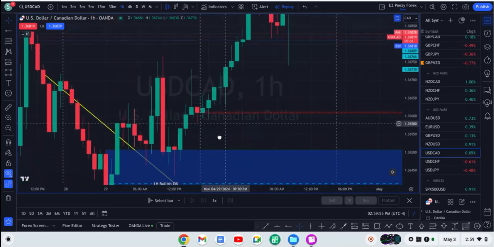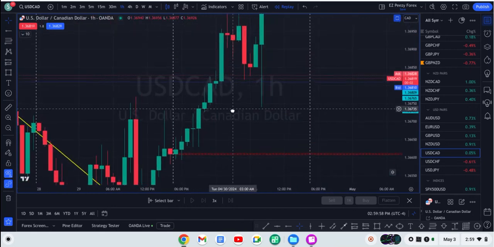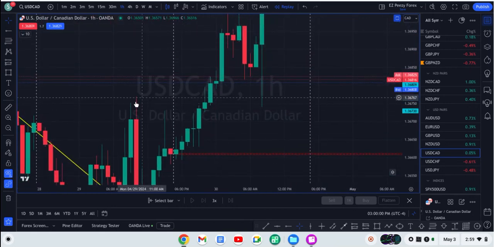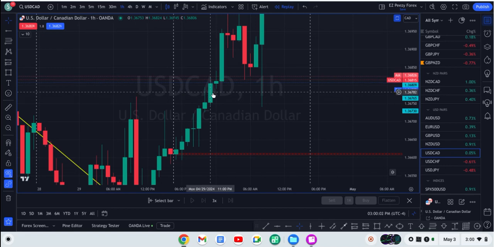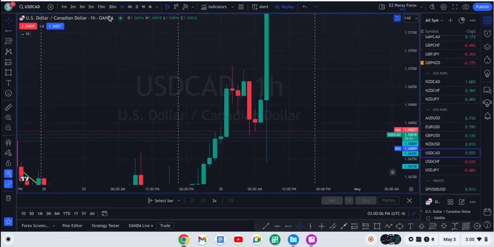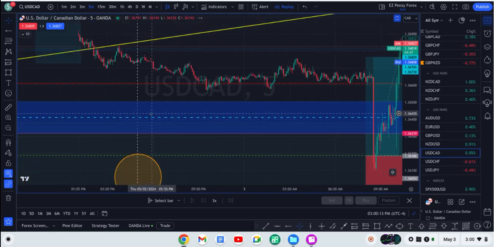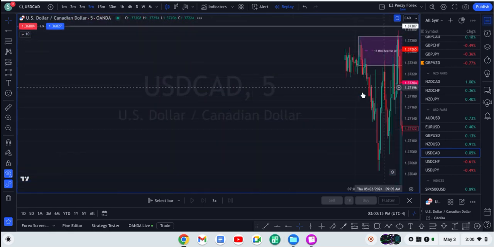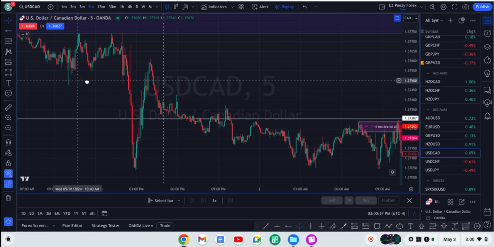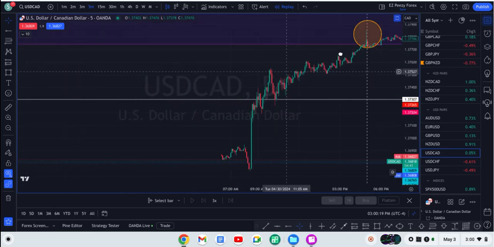But I'm not looking at it after that late, to be honest with you. Then we have swing highs broken here at 11 p.m. and then price comes back down and then goes up. So we've got to go to a lower time frame and see what we can find. How are we going to get into this trade going to the upside, right?